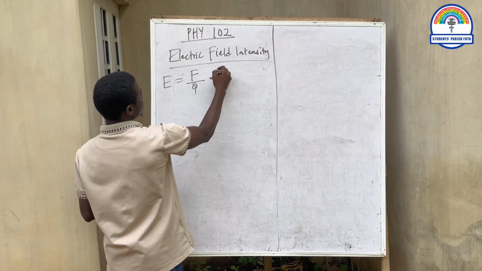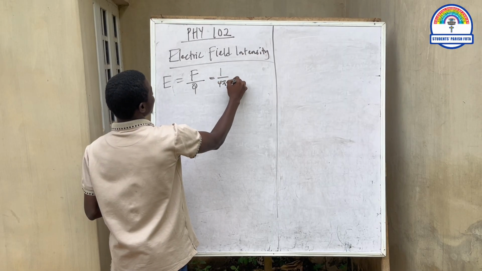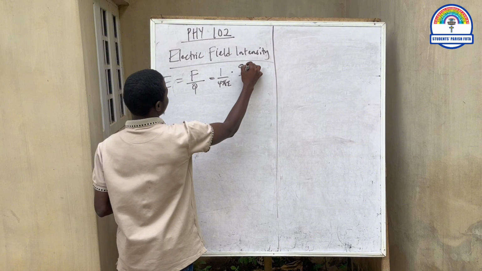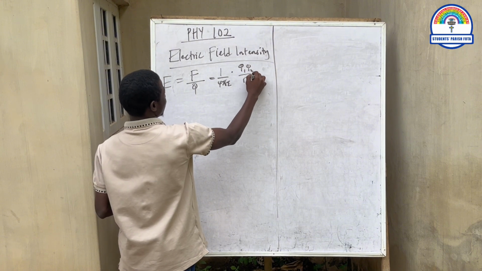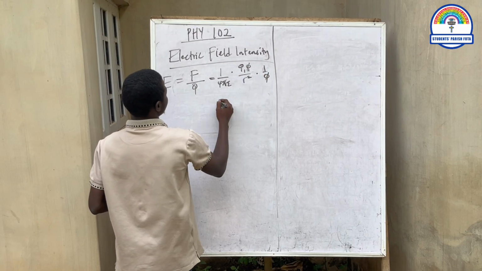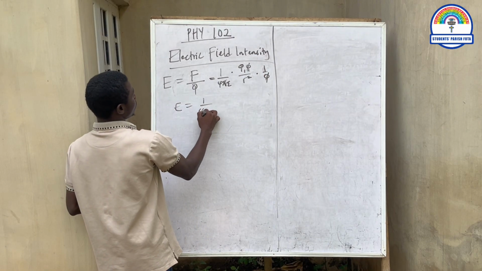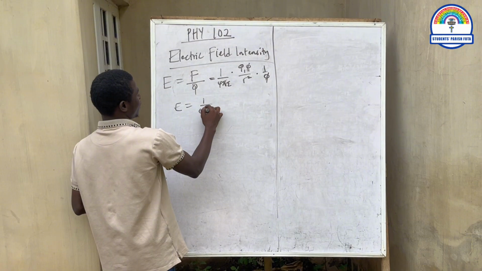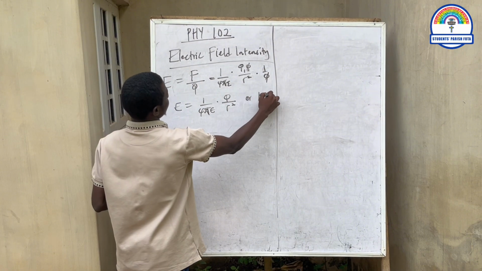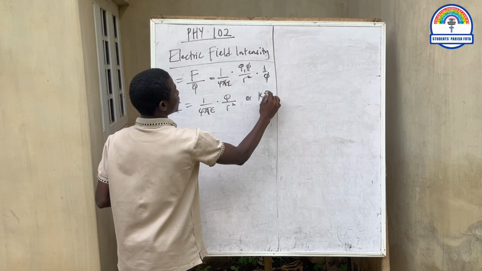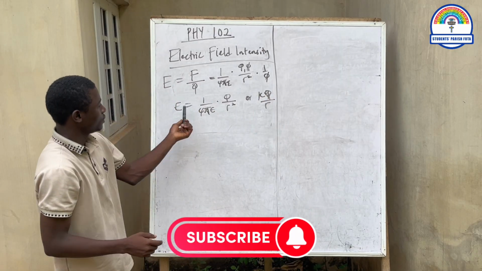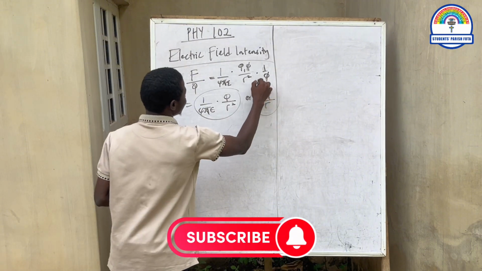So if the formula for force is 1/4πε0 times q1 q2 over r squared, and you divide it by q, the electric field becomes 1/4πε0 times q over r squared, or kq over r squared. So this is the formula for electric field intensity.